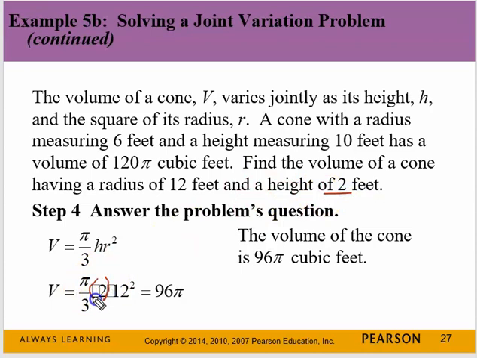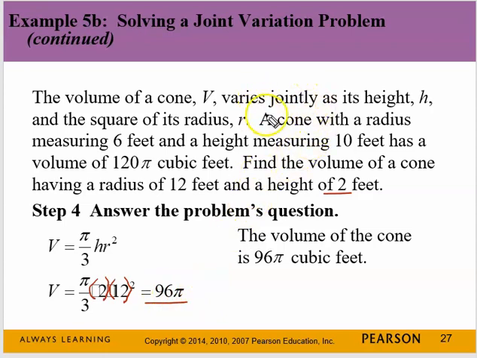I don't know where those little boxes are coming from. But our radius now is 12 that we're going to square. So this is 144 times 2 is 288 divided by 3 is 96 pi is our answer.